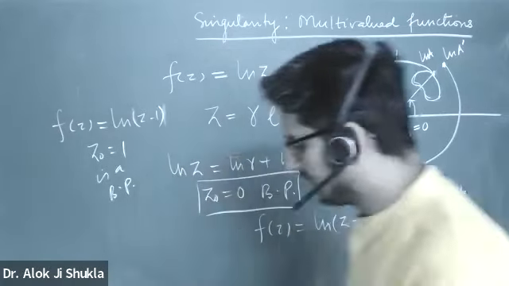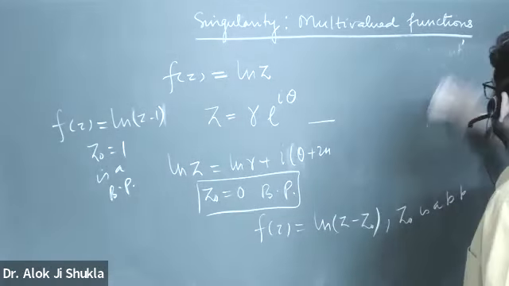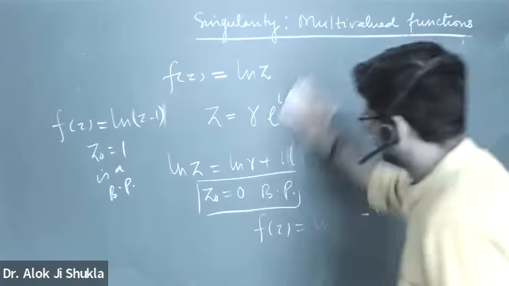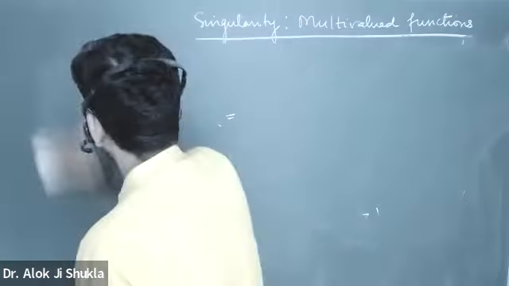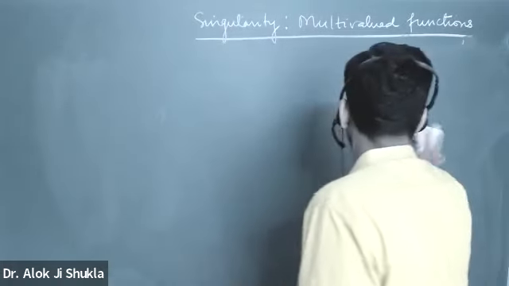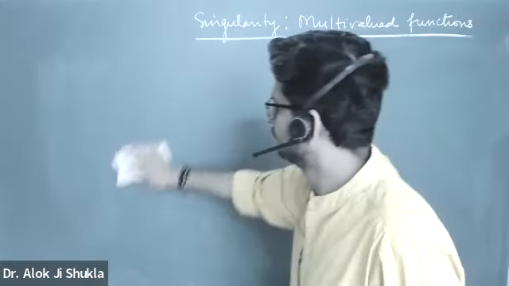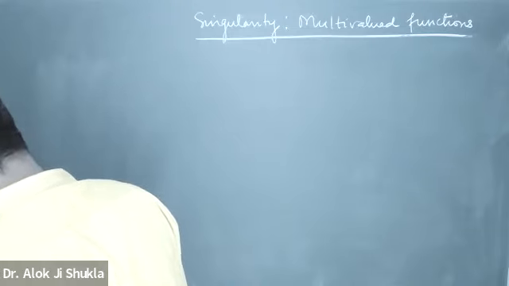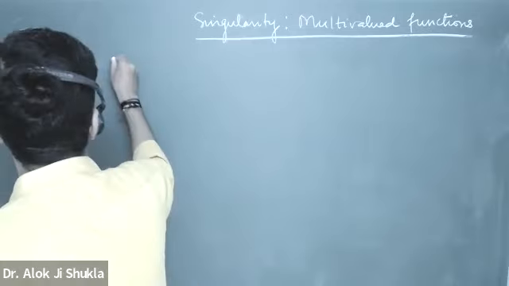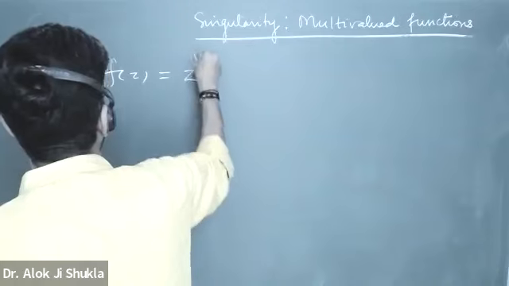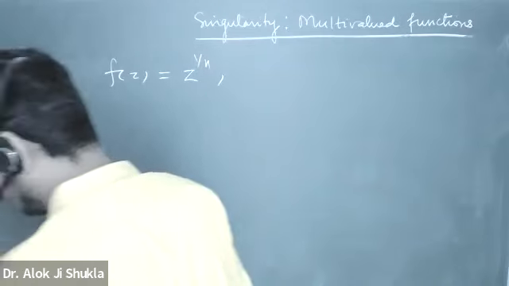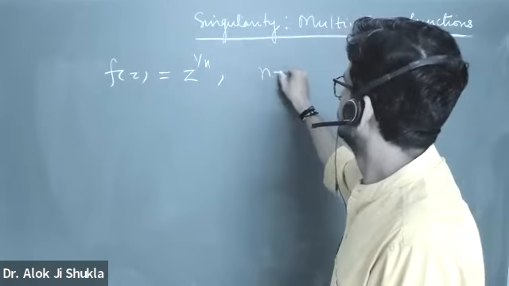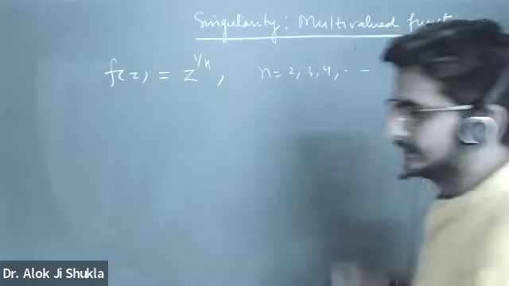So I am writing a general f(z) is equal to z to the power 1 by n, where n is 2, 3, 4, like this.